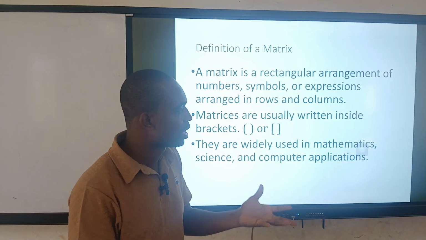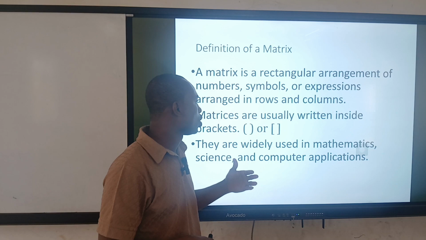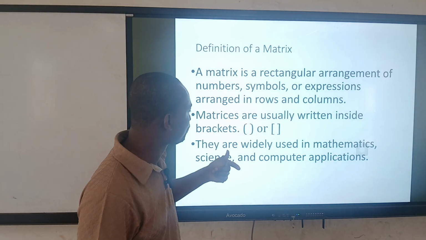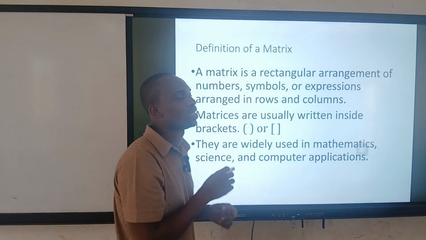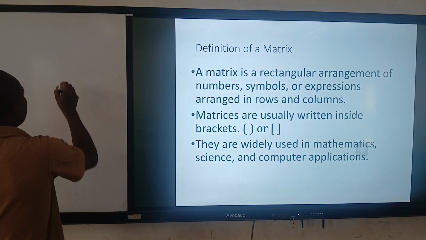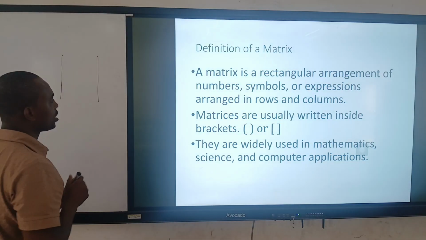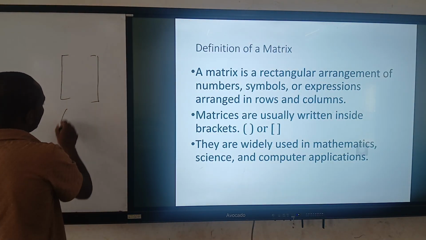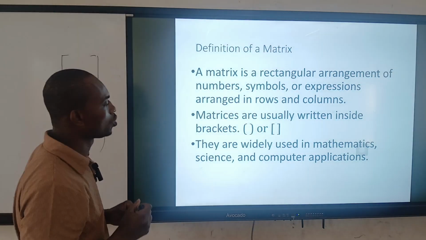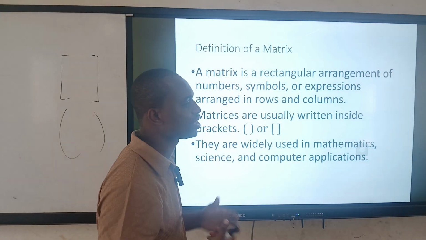Numbers, symbols. And always it is written in these two brackets, either this or that. So whenever you see an arrangement of numbers in something like this, it's not a matrix. It must be this form or this form. So that is a matrix, and it is widely used in mathematics, science, and computing applications.